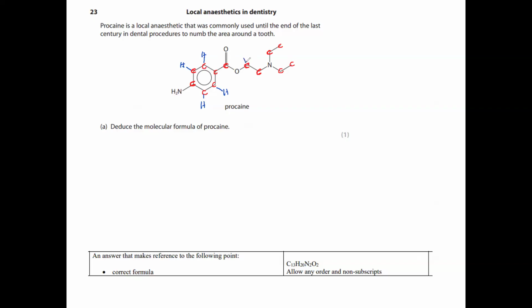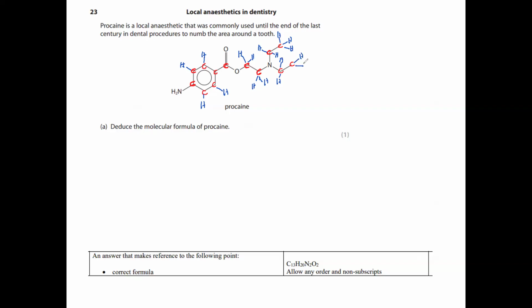This carbon atom has only 2 bonds, so it has 2 more hydrogens. This carbon atom also has 2 bonds, so 2 more hydrogens. Same for this carbon, 2 more hydrogens. And the last 2 carbon atoms should have 3 more hydrogens because each has only 1 bond.